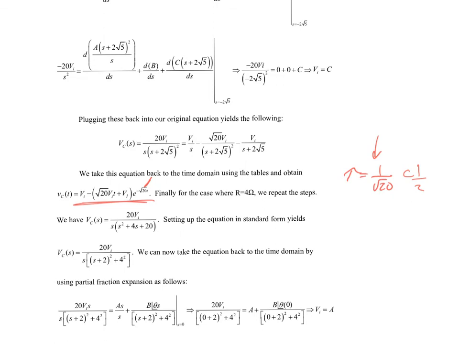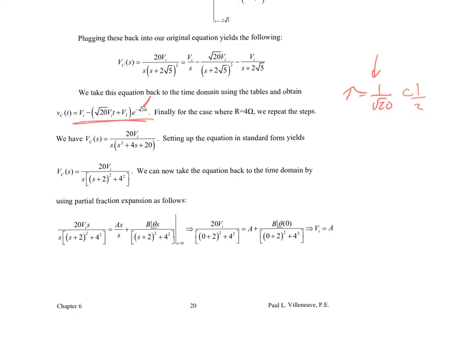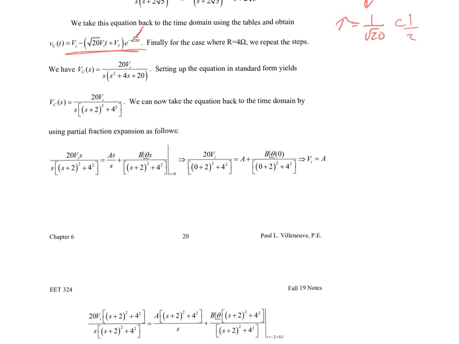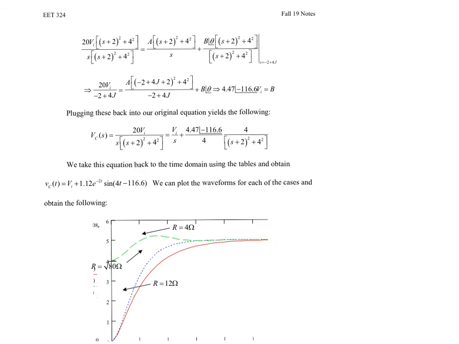All right, and then the last case where we have 4, what do you know? We have complex roots. S plus 2 squared plus 4 squared, which means in our final equation, we have a sinusoid. Now you'll note that this time constant, tau, is equal to 1 over 2, which is slow, right?